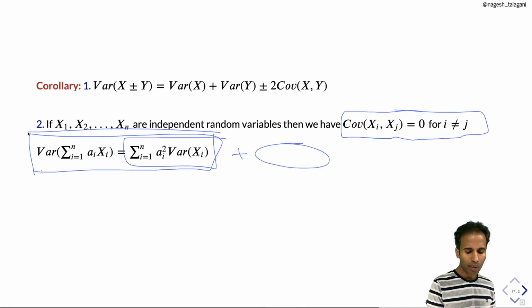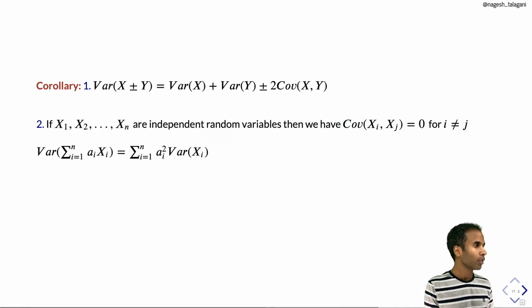So this is a much simpler formula when we have n independent random variables. We don't have to deal with any covariance term because all will be 0. Fine.